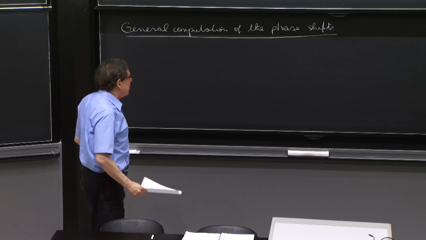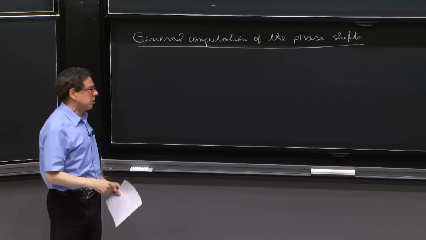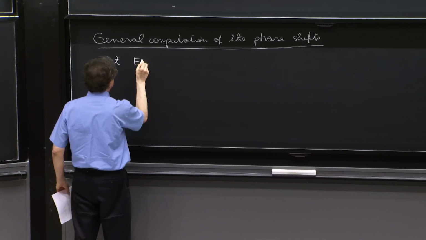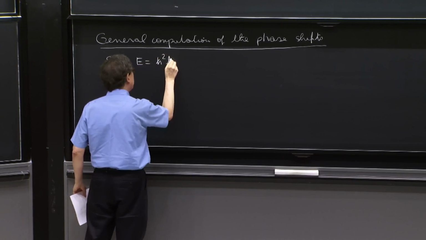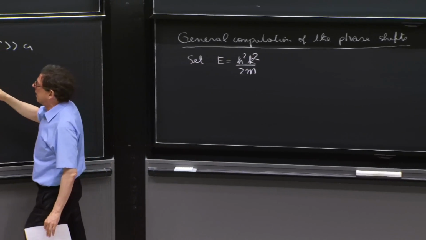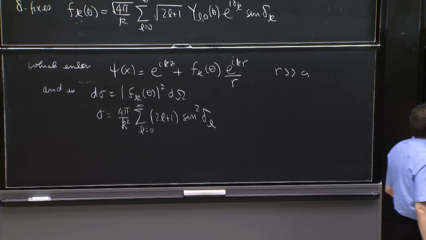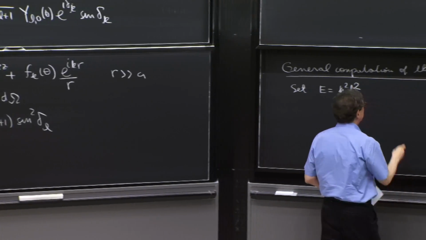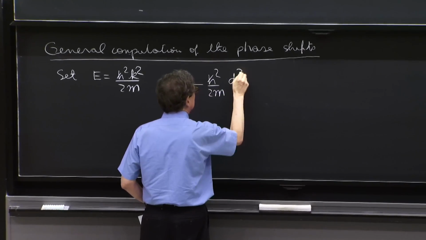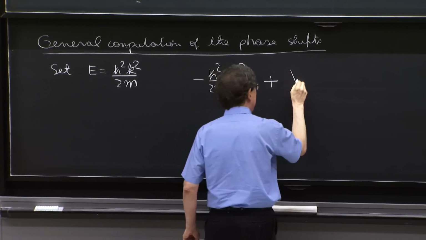So what is the equation that you have to solve? It's the radial Schrödinger equation. You set the energy in the Schrödinger equation equal to h bar squared k squared over 2m, because we're using k from the beginning to represent the energy of this state. And the radial Schrödinger equation is minus h bar squared over 2m d second dr squared plus the potential.